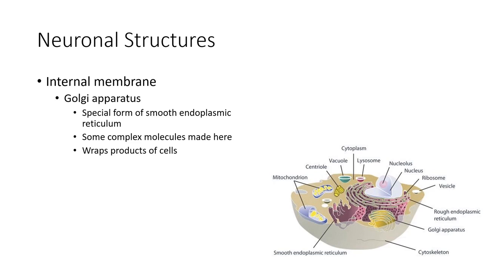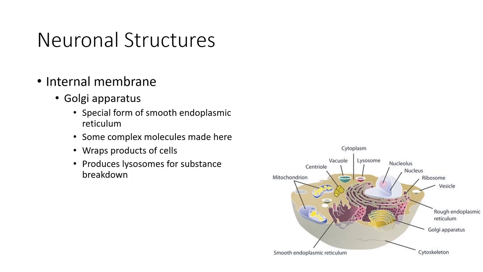Also within the Golgi apparatus, products are wrapped, so we call this the wrapping center. Certain things that are being produced within a cell need to be wrapped before they can be transported. So for example, a hormone. The hormone would be encased in the Golgi apparatus and then released out so it can go wherever it needs to go. But again, the product of the hormone itself is packaged and wrapped here.